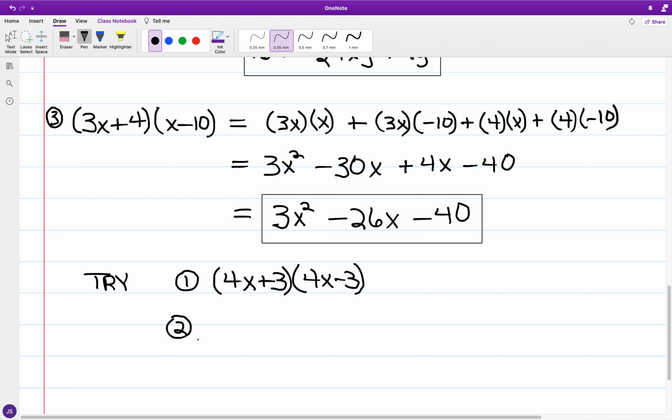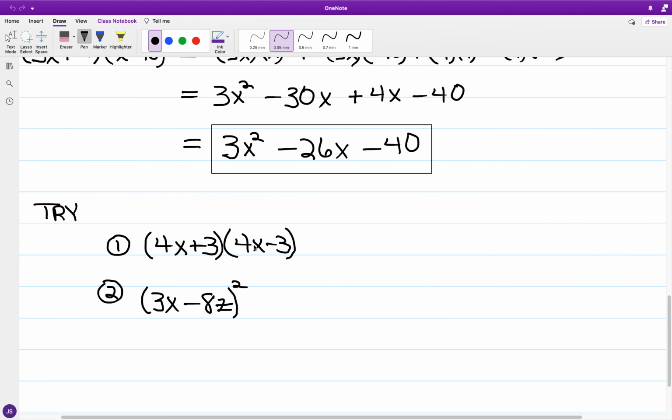And also, let's see what we get for 3x minus 8z raised to the second. For the next few moments, let's see what products we get for these particular sets. Some of you might still be working on these items, and that's okay.